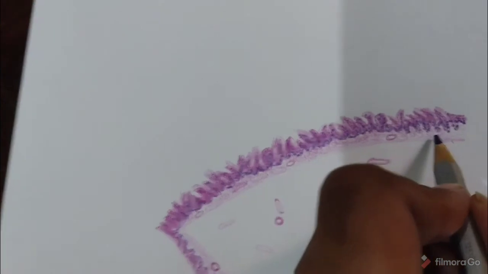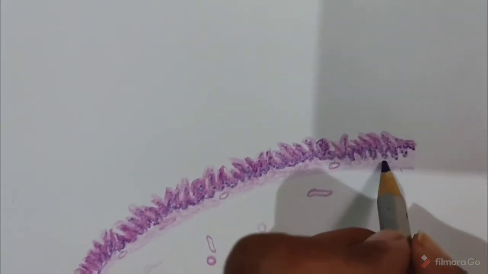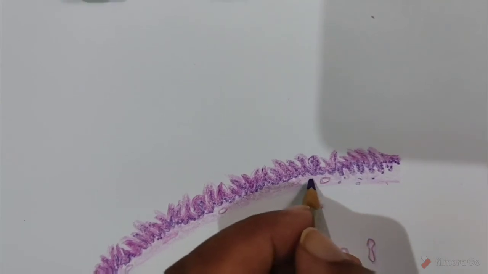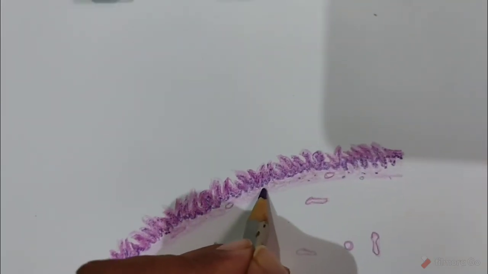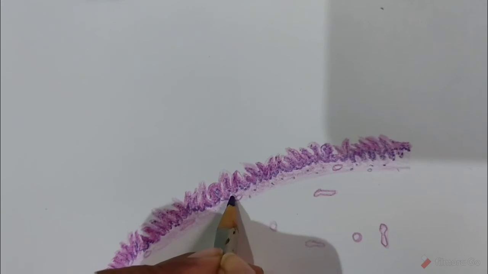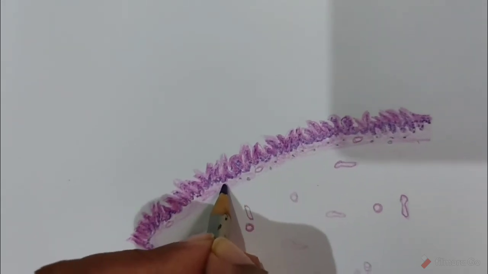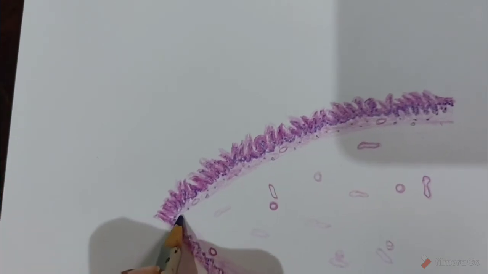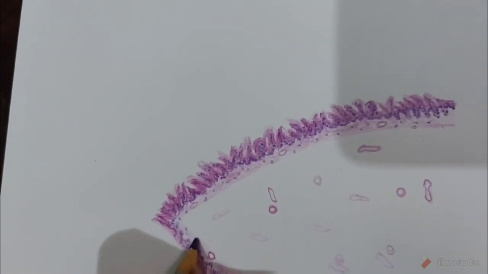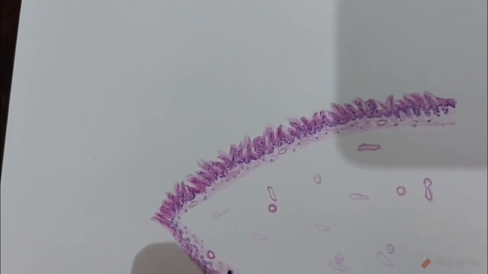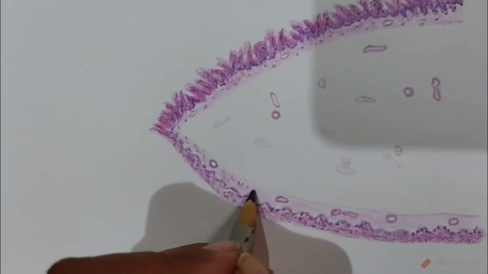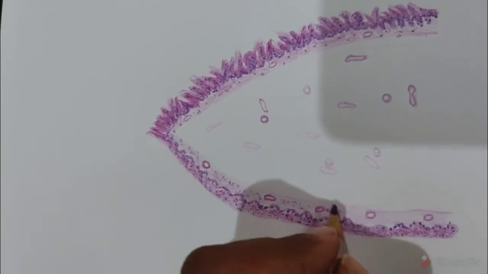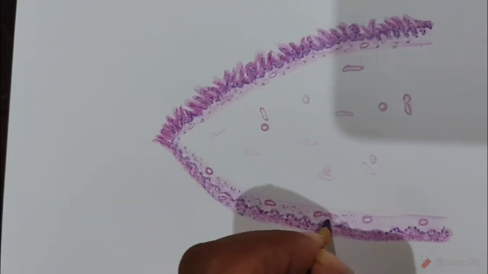In the lamina propria we have connective tissue fibers and connective tissue cells. Connective tissue cells are shown by the nuclei only. You cannot outline their cell membrane, so they are shown only by the presence of nuclei.